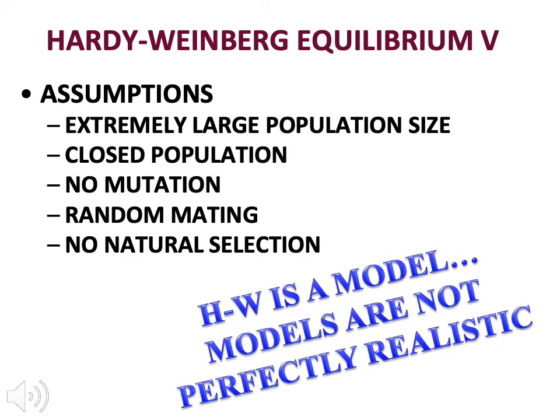So hence, Hardy-Weinberg, like I said, is a model. It is a mathematical snapshot of how many alleles there are and how many individuals have those alleles in specific combinations. But anything that's going to have an influence on those alleles and their frequencies in the population is going to violate the model, and so therefore we make these assumptions.